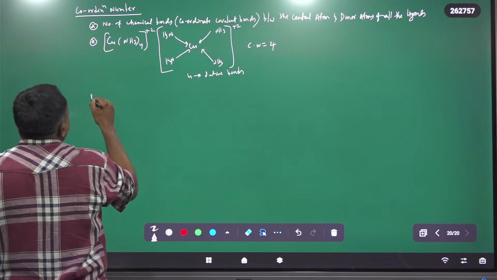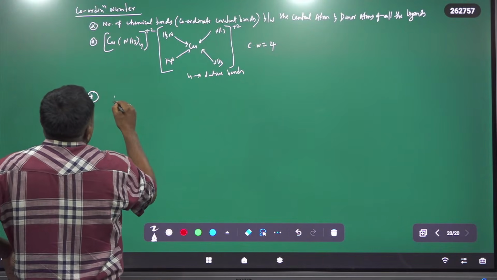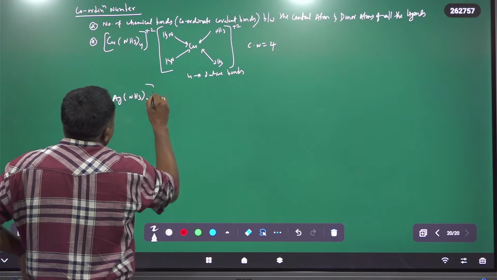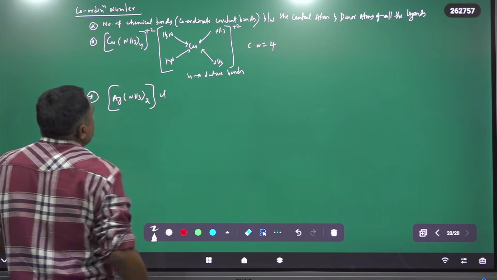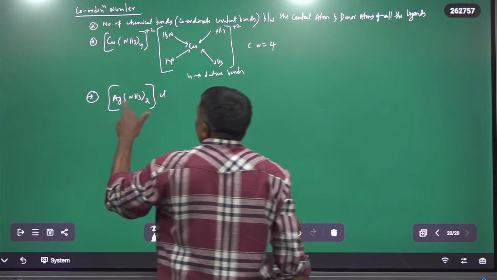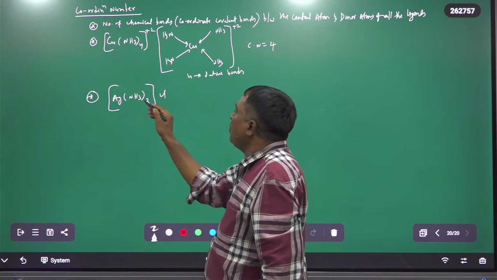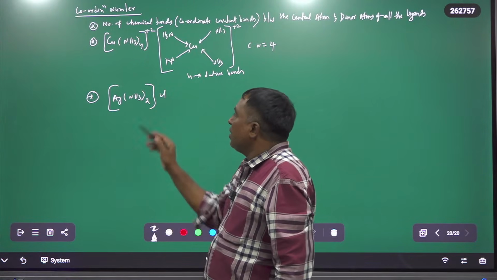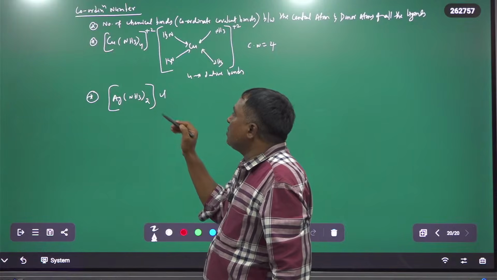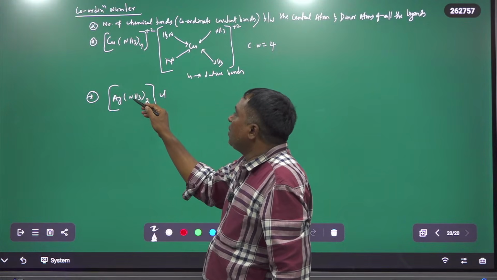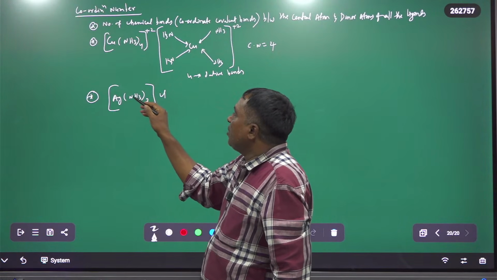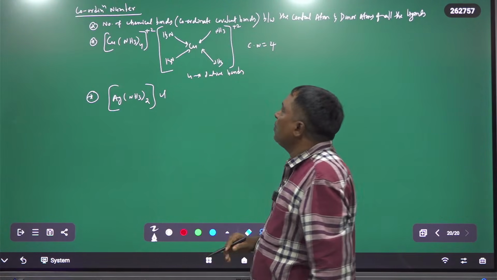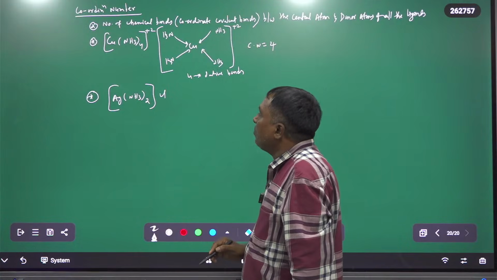Suppose [Ag(NH3)2]Cl. What will be the coordination number? The number of chemical bonds between the silver and the 2 NH3 ligands. Silver is the central atom and NH3 is the ligand. There are 2 ligands. Therefore, between the one central atom and 2 NH3s, there are 2 coordinate covalent bonds.